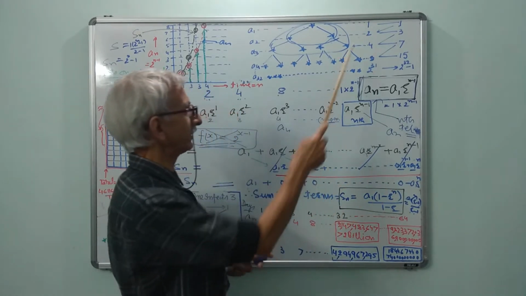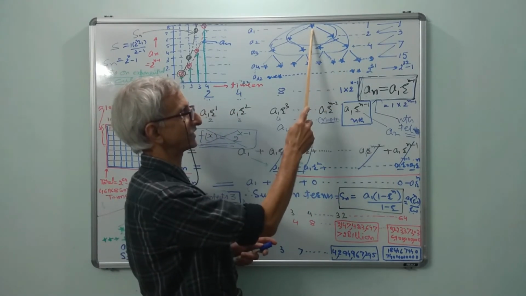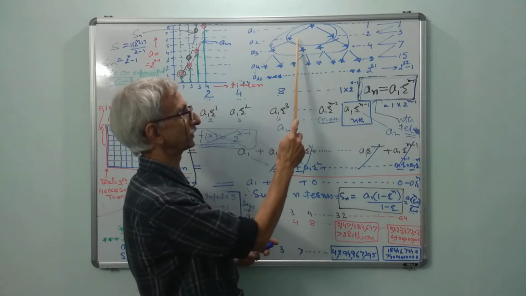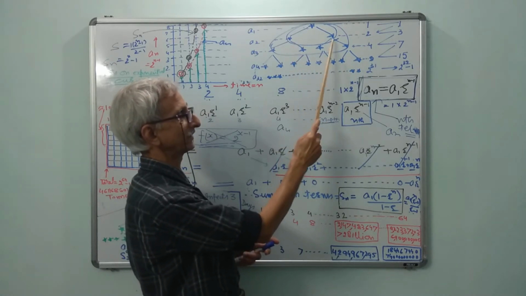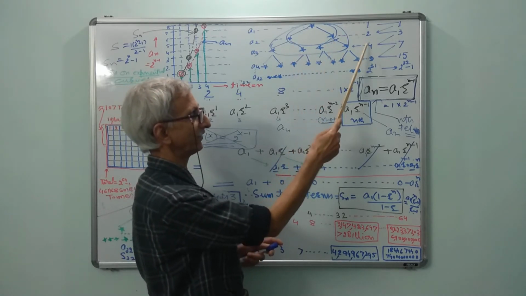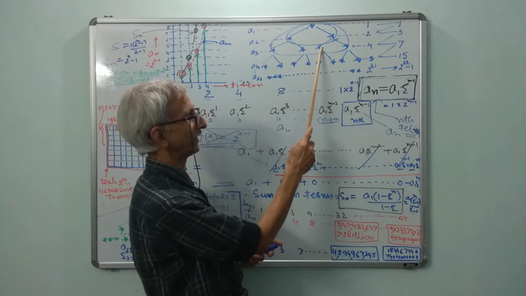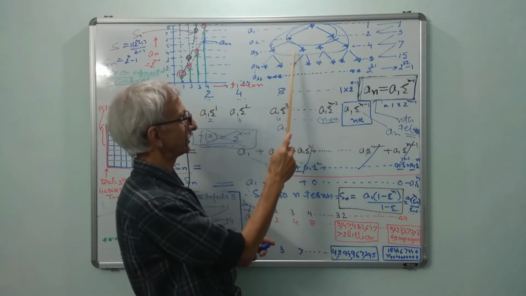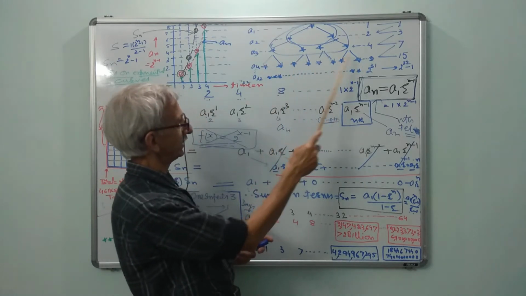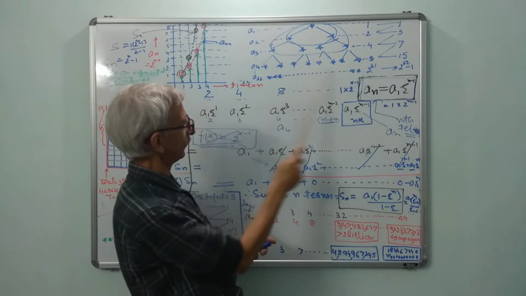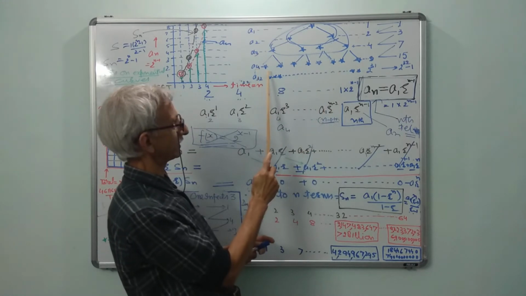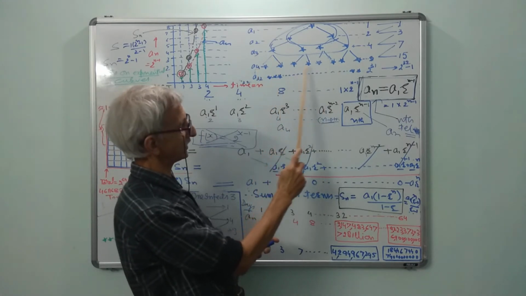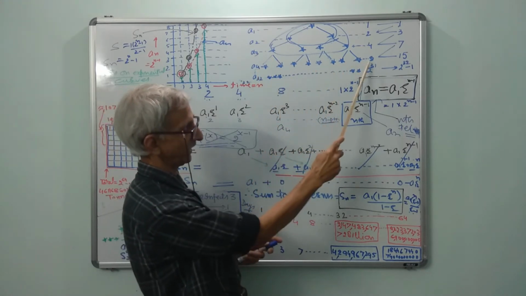Now day 1, 1 person; day 2, 2 persons infected; day 3, 4 persons, because each infects 2; and day 4, each one infects 2, so you can simply see this is 8.